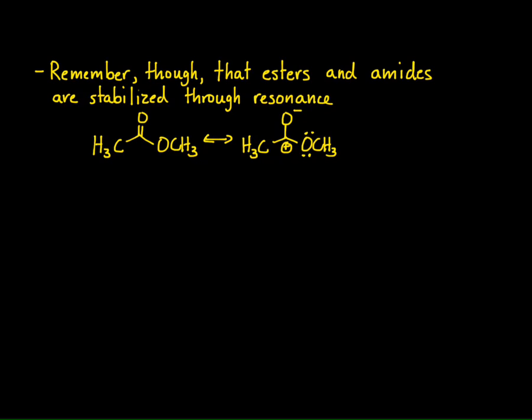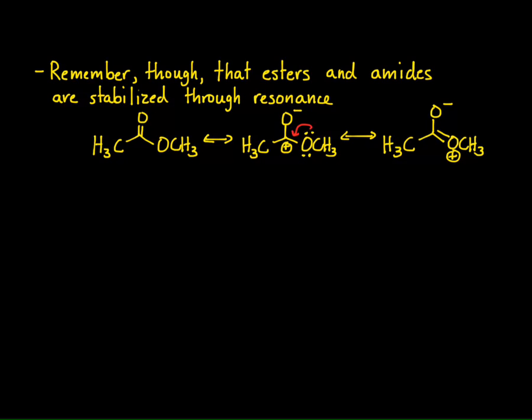For aldehydes or ketones, there is no resonance stabilization. But with esters and amides, that heteroatom can donate a pair of electrons, and we can form a third resonance structure of the ester, where the positive charge is on the oxygen. So we're taking the positive charge away from the carbon of the carbonyl.